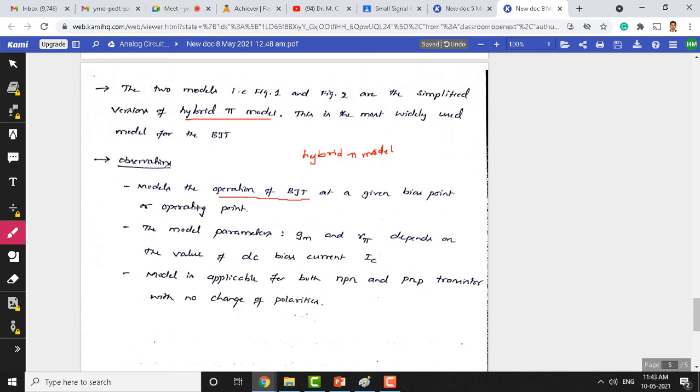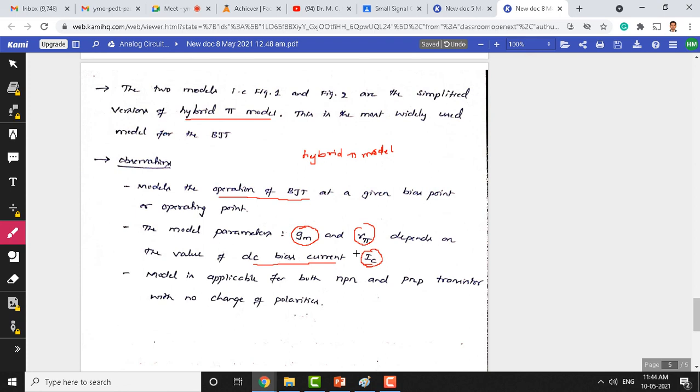This is in the active mode of operation. In the active mode, the BJT operation and the hybrid pi model both resemble each other. The model parameters, GM and R pi, depend on the DC bias current. We have shown this through the mathematical expression also. GM and R pi depend on the DC collector current.